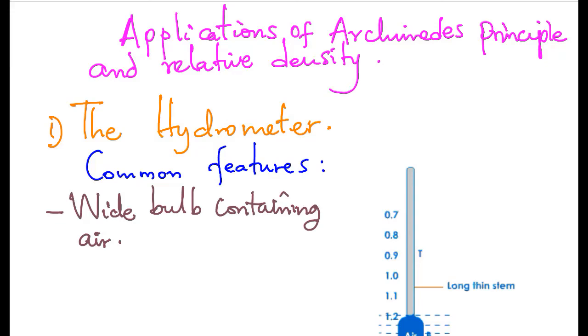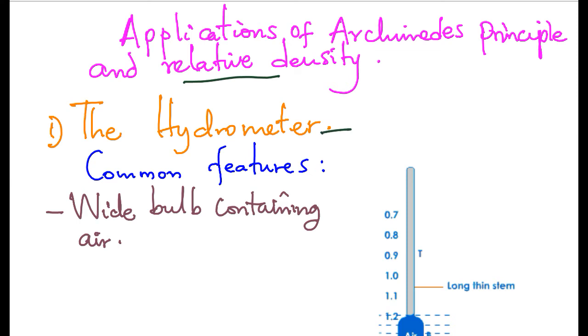Let us now look at the applications of Archimedes' principle and relative density. One of the most important applications of Archimedes' principle and relative density is an instrument known as hydrometer.